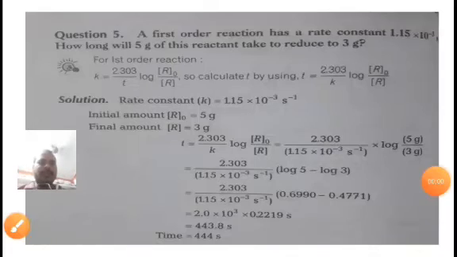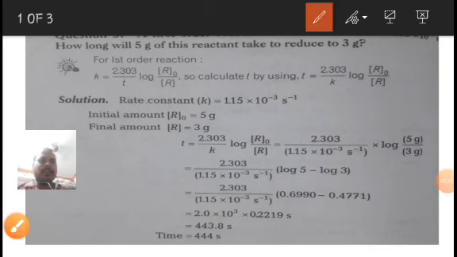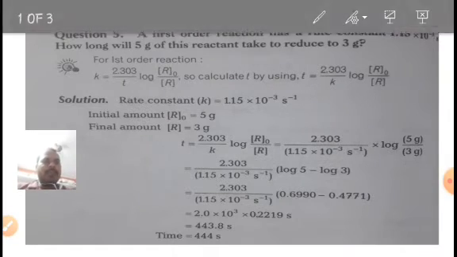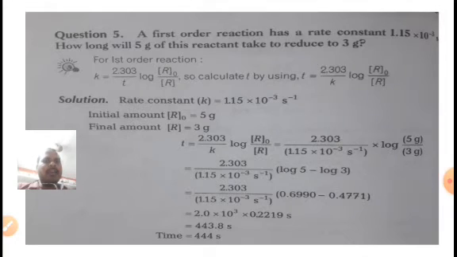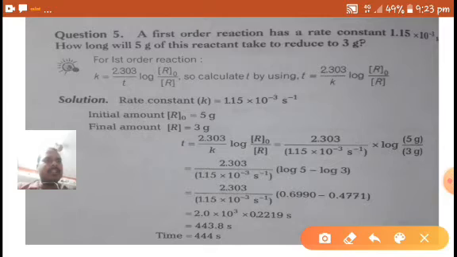So I am taking here one problem of a first order reaction. A first order reaction has a rate constant of 1.15 times 10 to the power of minus 3 second inverse. How long will 5 grams of this reactant take to reduce to 3 grams?